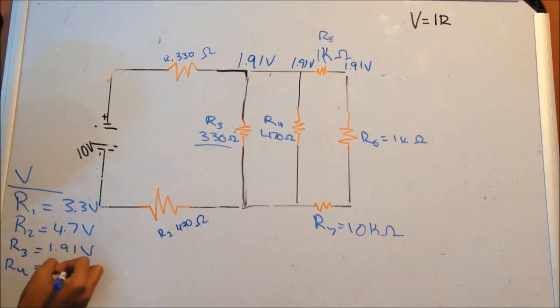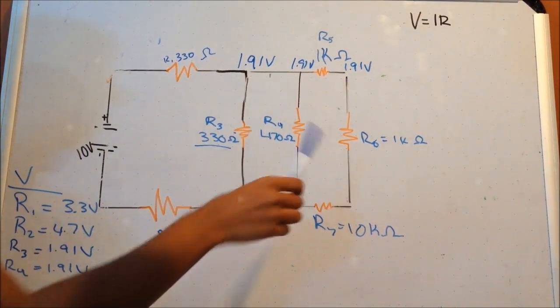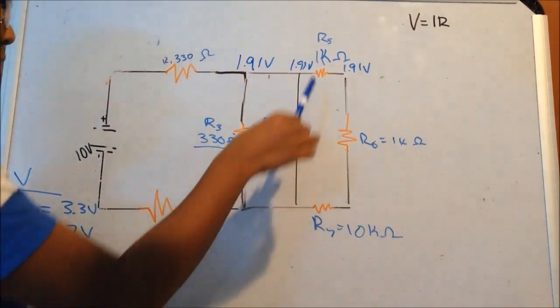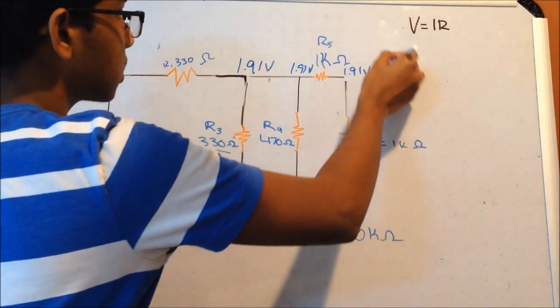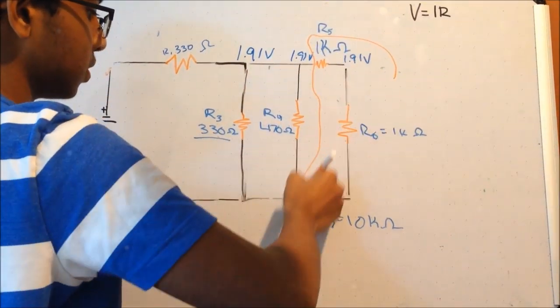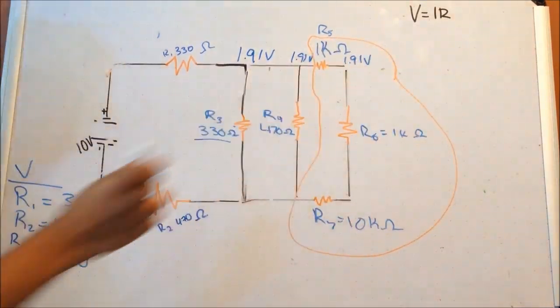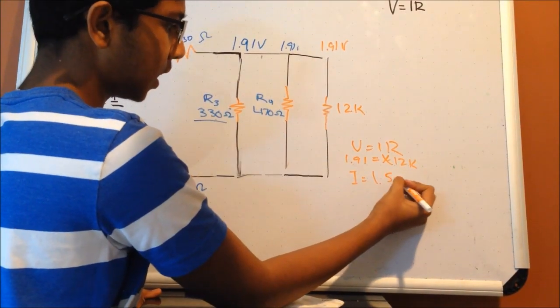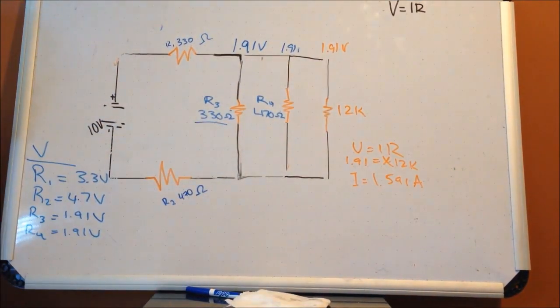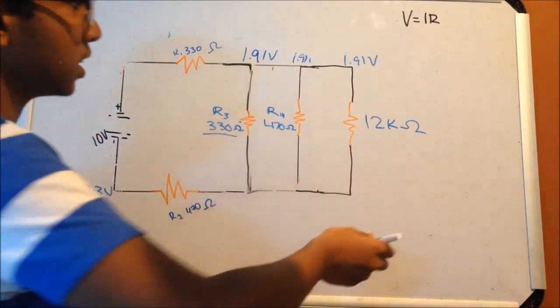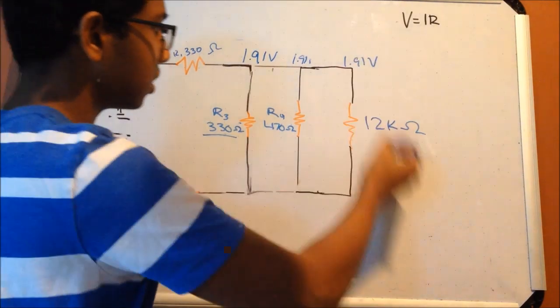Now it starts to get tricky with the last branch. So let's combine these, and now let's redraw that. Now with the simplified form, we can find the total current of this strand.